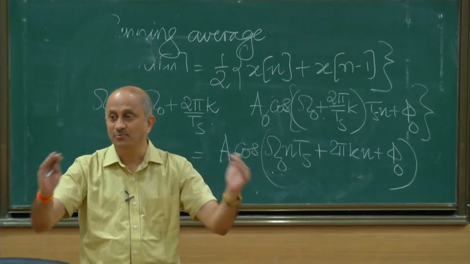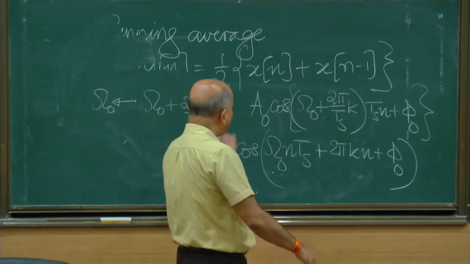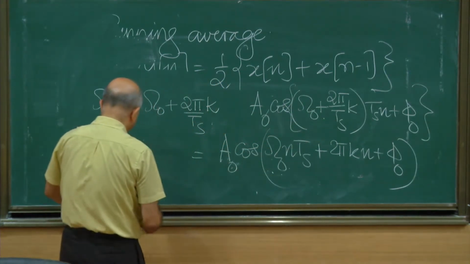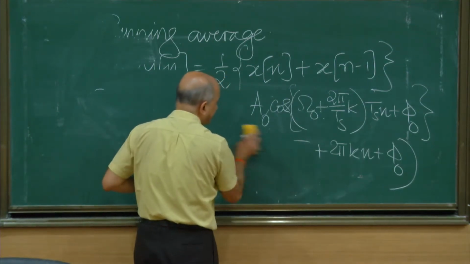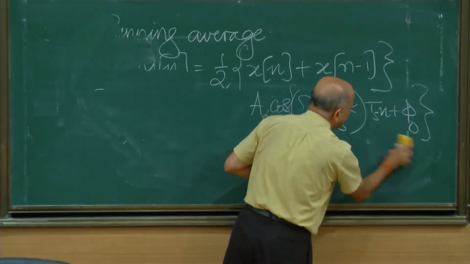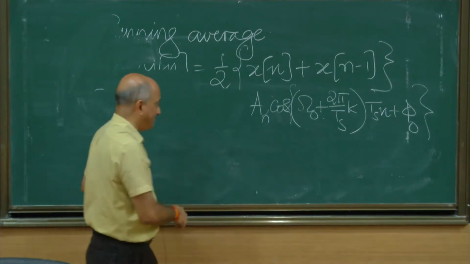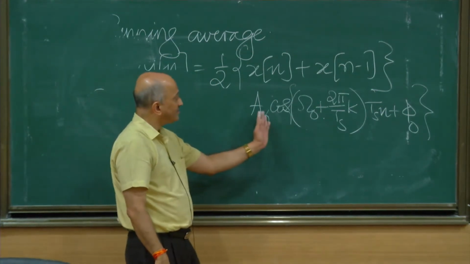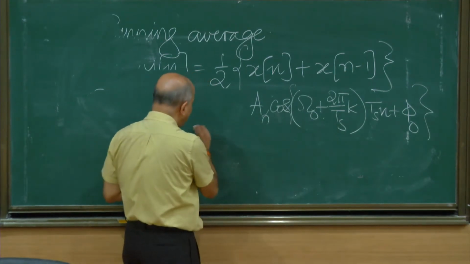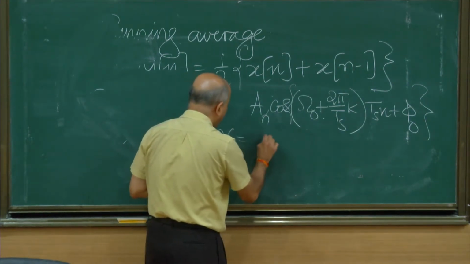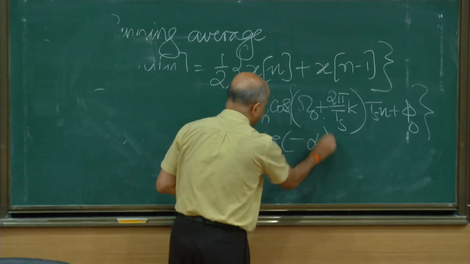In fact, not even one range, because if you take one region of 2 pi by Ts, the distinguishable frequencies, you see, there's another problem. Cos of alpha is equal to cos of minus alpha. Is that right?